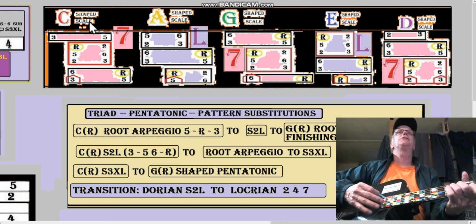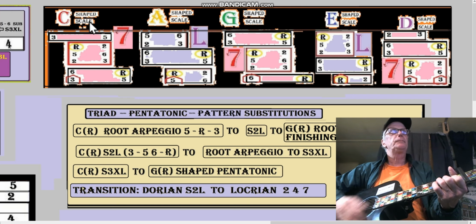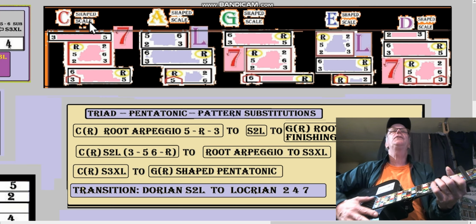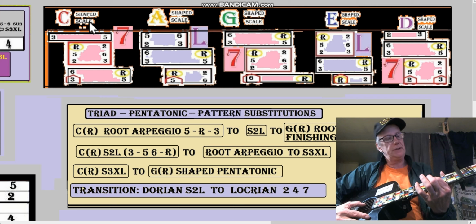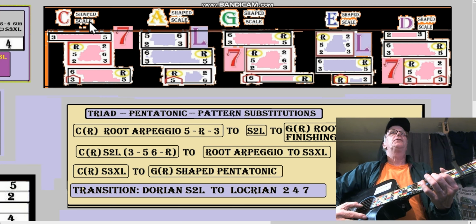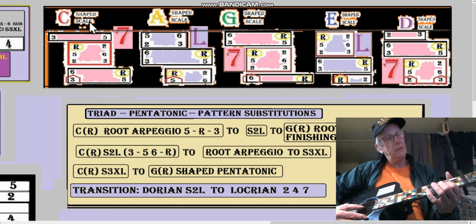So remember, CAGED is really in C. So here we go. 3, 5, 6, root is the C in this case. 2, 3, 5, 6. 5, 6 now.